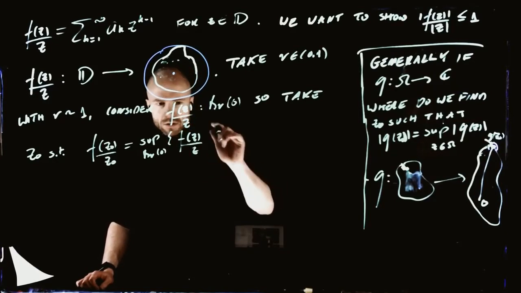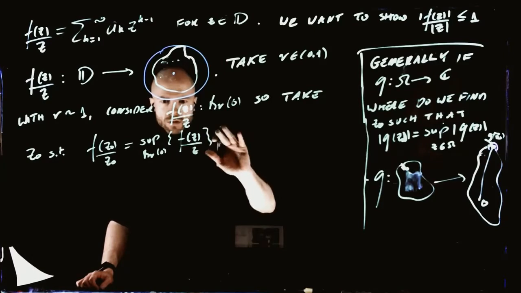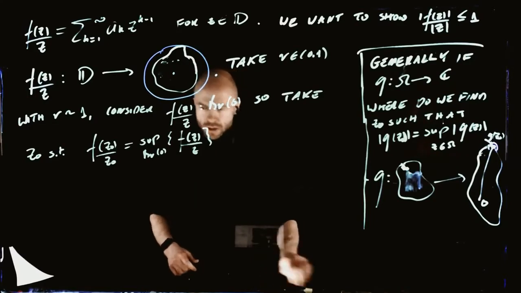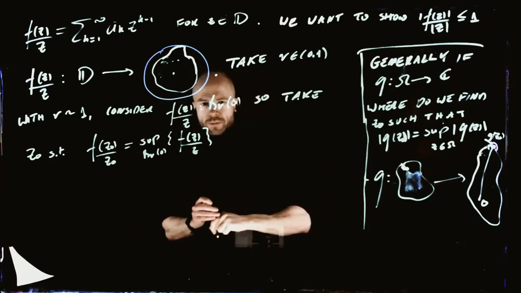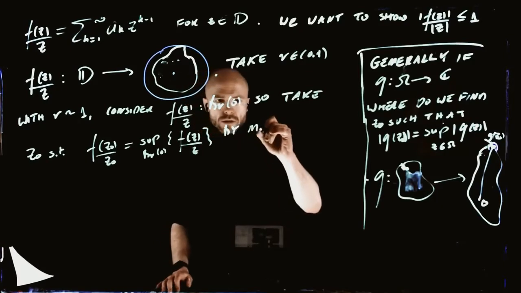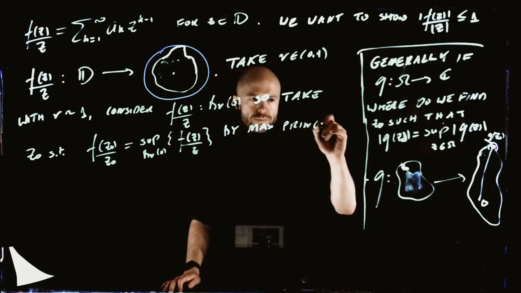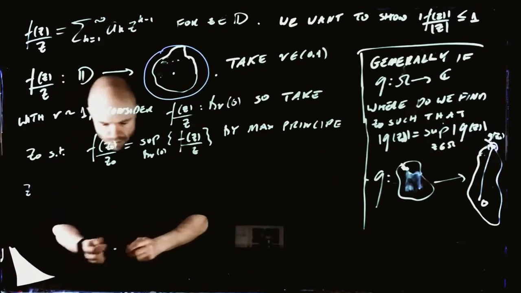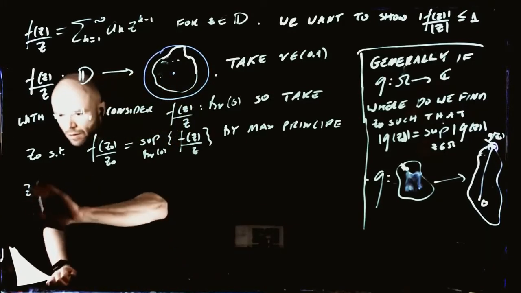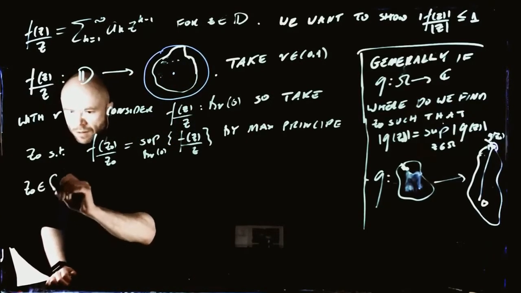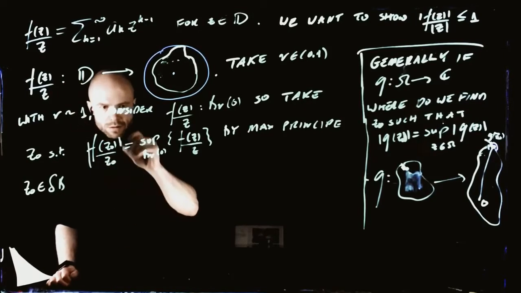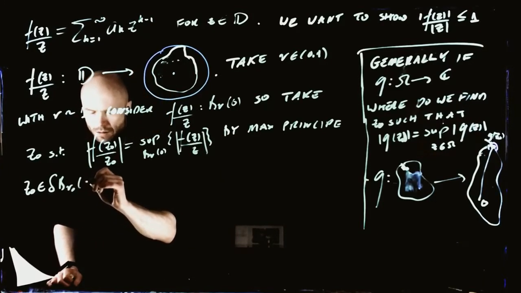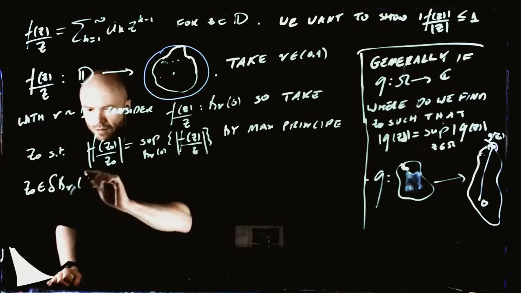All right, so by the maximum principle, this z0 has to belong to the boundary of the ball around 0.